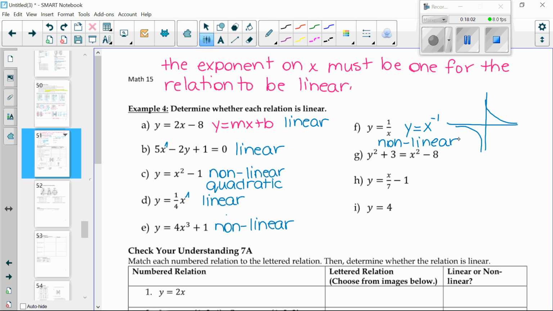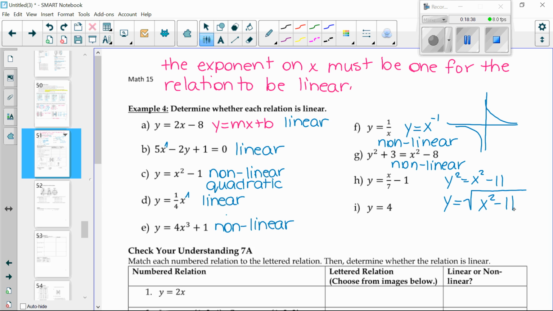Now I've got y squared plus 3 equals x squared minus 8. Looking at the x squared, I have an exponent of 2, so this is definitely nonlinear. But this is an interesting graph. If I rearrange this, y squared equals x squared minus 8, take away 3 gives me negative 11. Then I square root both sides to get y by itself. I'm going to get y equals the square root of x squared minus 11.